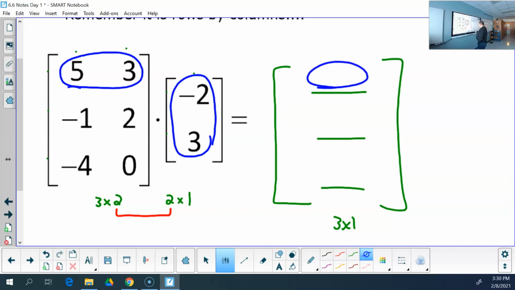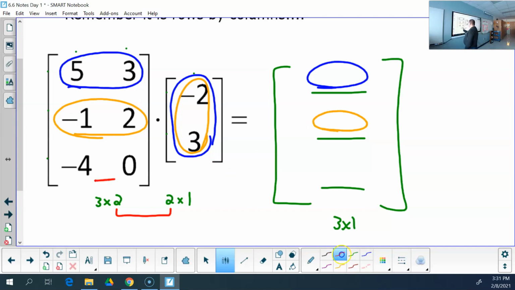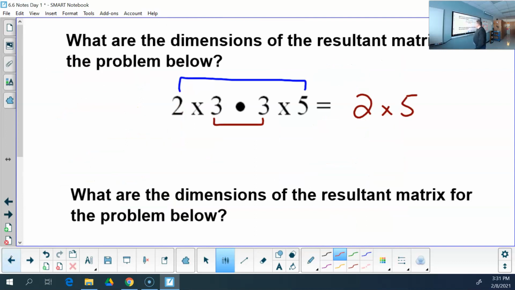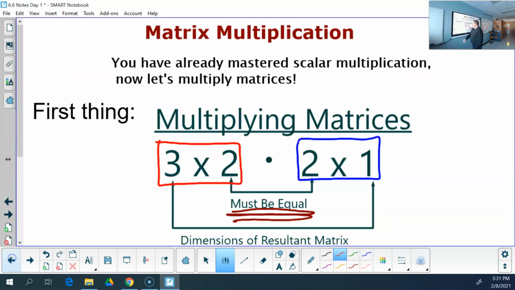Then we're going to take this second row times this column, and that's going to go there. And then we're going to take this last row times the column, and that's going to go there. We'll do that tomorrow. What I want you to learn today, though, is that the dimensions have to be the same in the middle. Those two must be equal in order to do it.